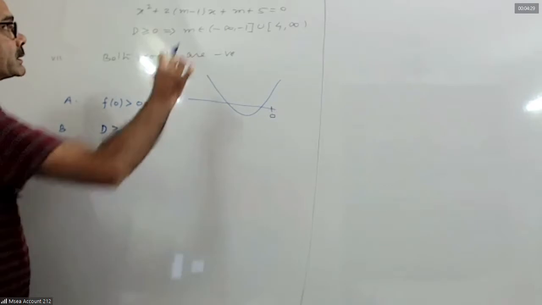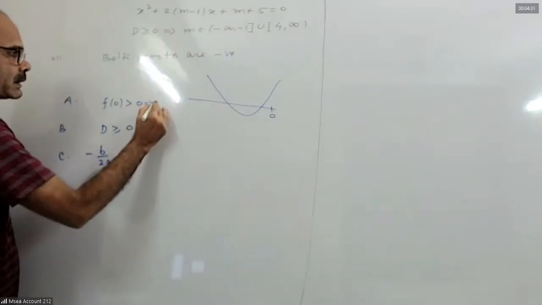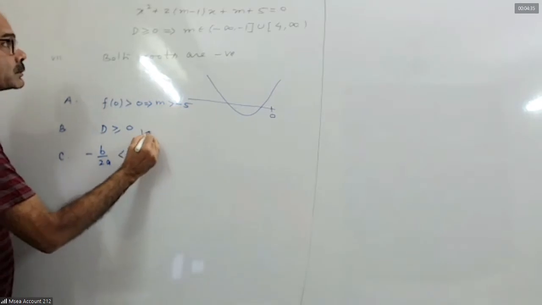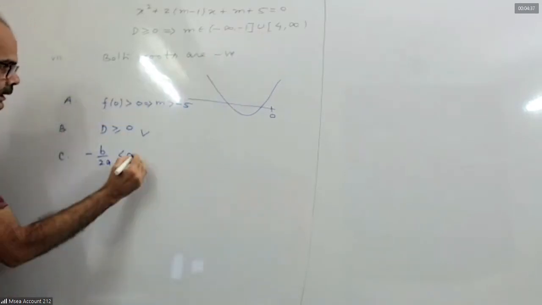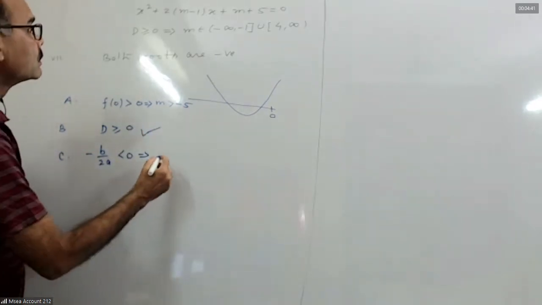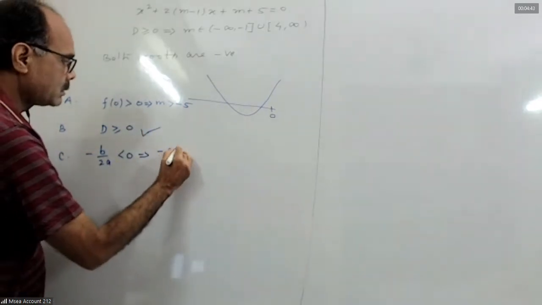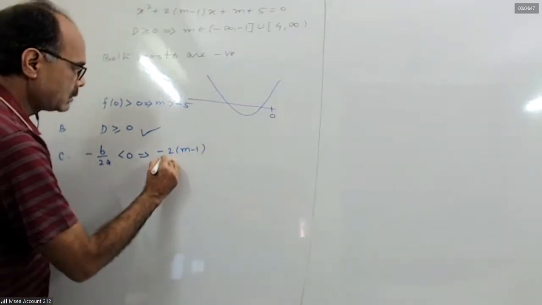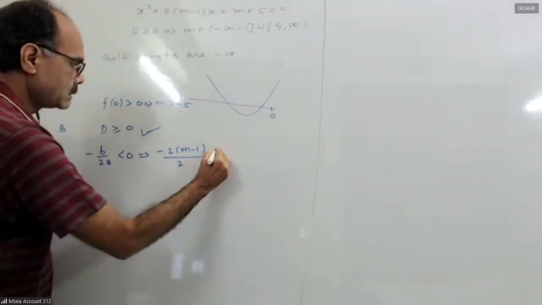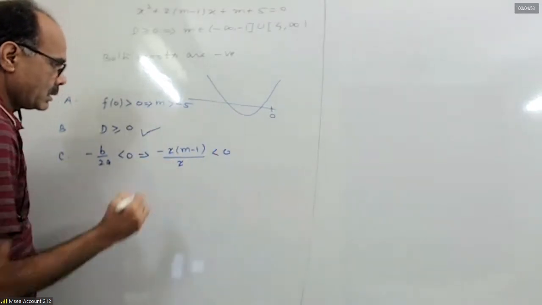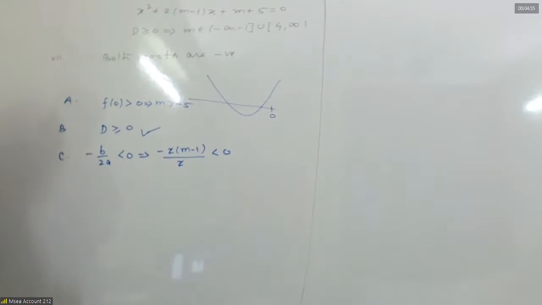If f(0) is positive, m is greater than -5, and D greater than or equal to 0, we already have minus b by 2a less than 0. Minus m plus 1 less than 0.